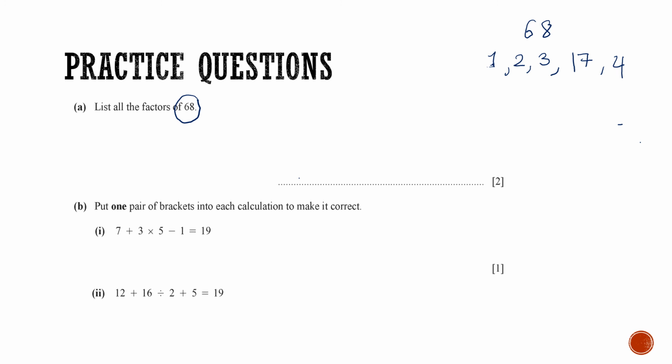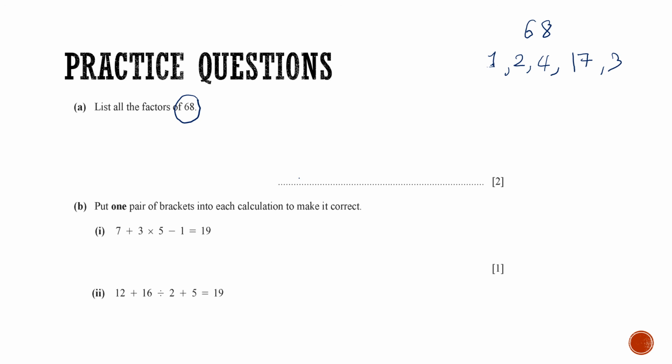Then 68 divided by 3 would give us, wait, 3 is not a factor. Sorry, I didn't look at this. It's rather 4 here, because 60 is divisible by 3 and then 66. So yes, then what about 68 divided by 2?